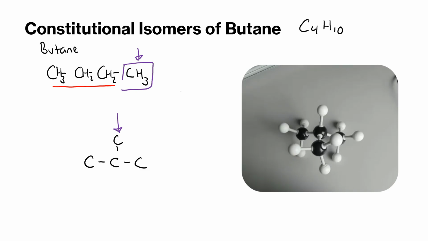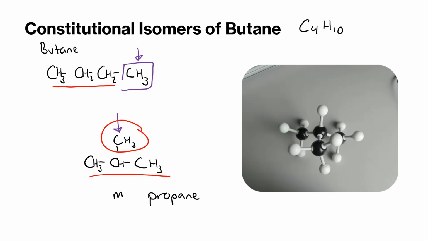Once I have bonded all of my carbons, then I can fill in our missing hydrogens, and there are still 10 of them. That parent chain became propane, which is different than the butane. And then our substituent is a methyl group on carbon 2.